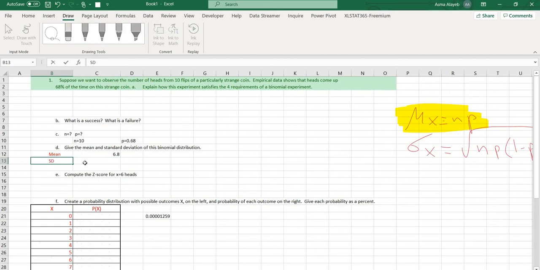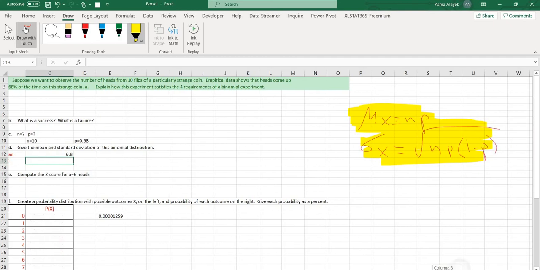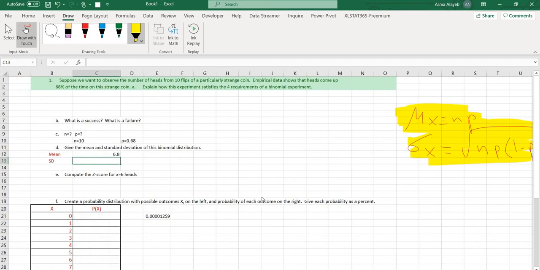To compute the standard deviation, I'm going to use the other formula, which says the standard deviation is the square root of n times p times 1 minus p, as you can see here. So I say the square root first, so I'm going to type sqrt.